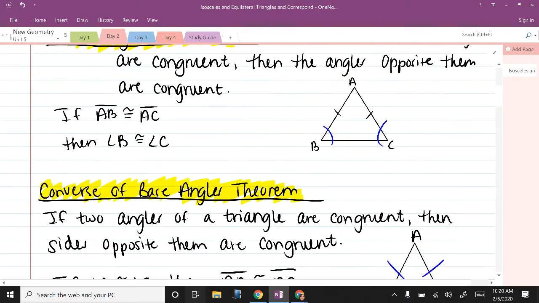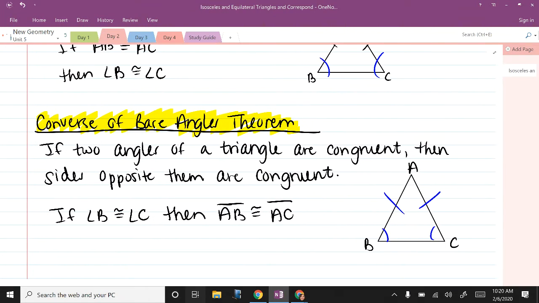All right. The converse of the base angles theorem. Now, what does a converse theorem do? Yeah, it does it in the different order, right? The conclusion becomes the hypothesis, and the hypothesis becomes the conclusion. So y'all can go ahead and highlight this on your sheet. The converse of the base angles theorem says if 2 angles in a triangle are congruent, then the sides opposite them are congruent.